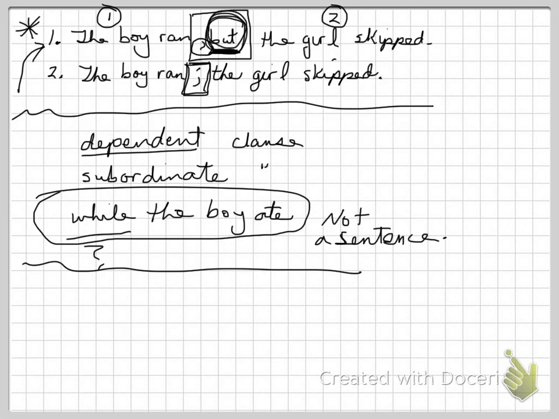I could have but, I could have and, I could have so, I could have for, I could have nor. Any of the 7, you want to choose a different one each time, but you must always have the comma. If you do not have the comma before the coordinating conjunction, and if you are not combining 2 independent clauses, then you have failed to understand the assignment.